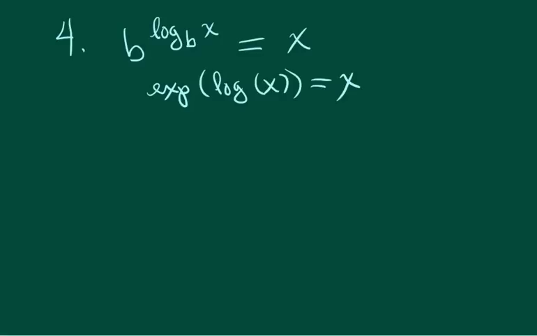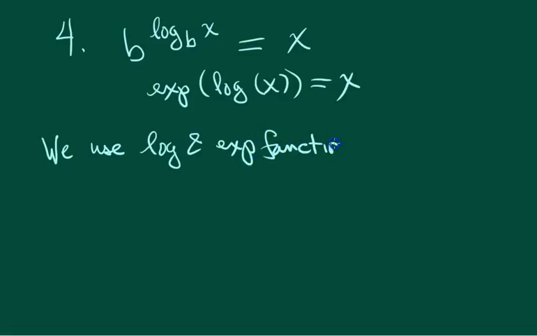So the big take home from this one is that we can use log and exponential functions to make each other disappear. And when we make things disappear, we simplify our work.